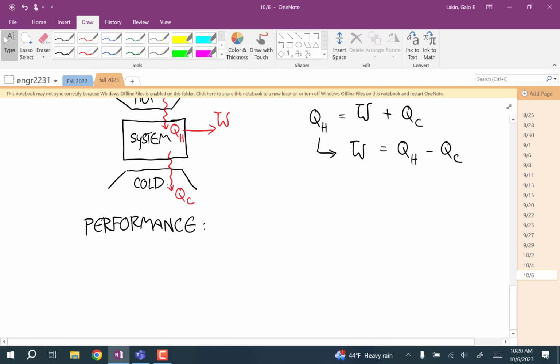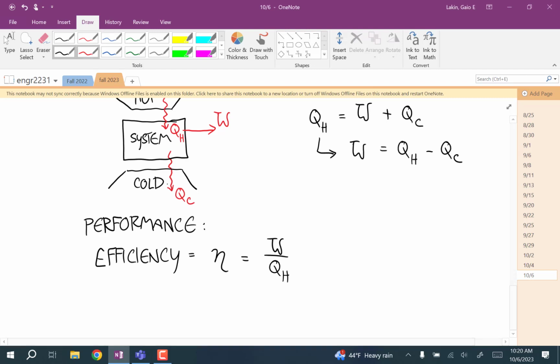And the thing that is costing us energy, money, whatever, is adding the heat to the system. So our efficiency, the Greek letter eta, is equal to the work over the heat added at the boiler.